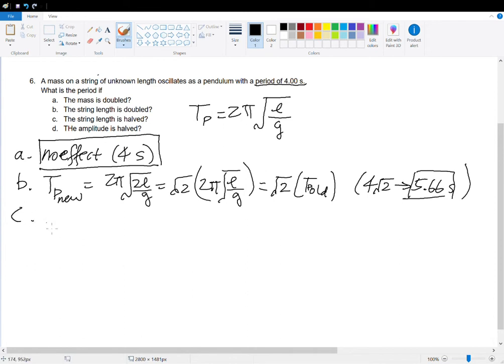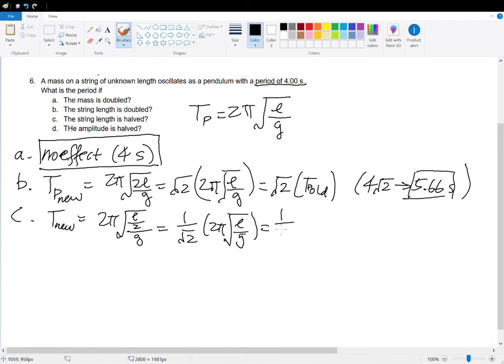For part C, if the string length is halved, well, then again, if we plug this in here, and if we do the math, we can see that this is equal to 2 pi square root of L over g.